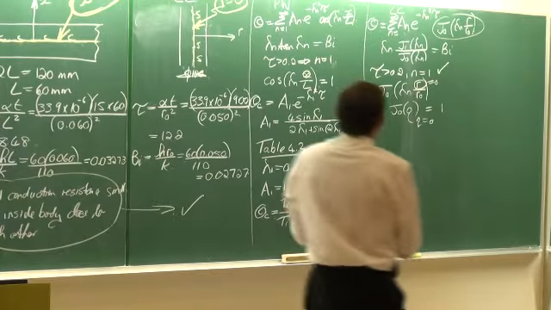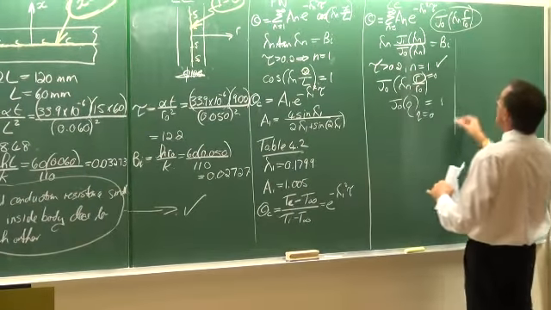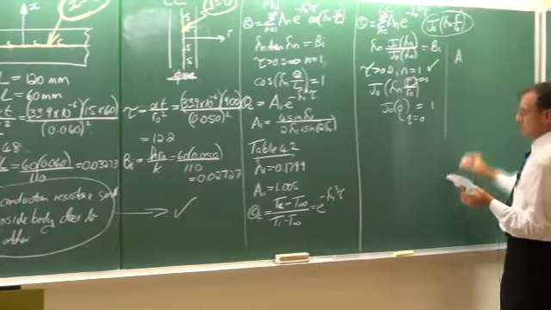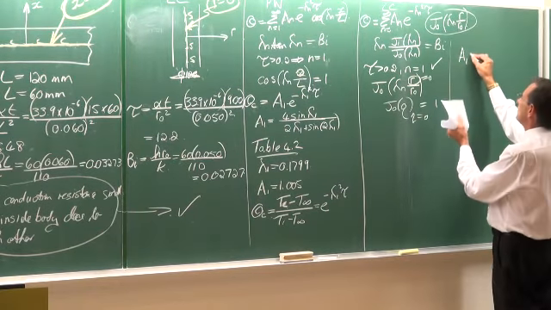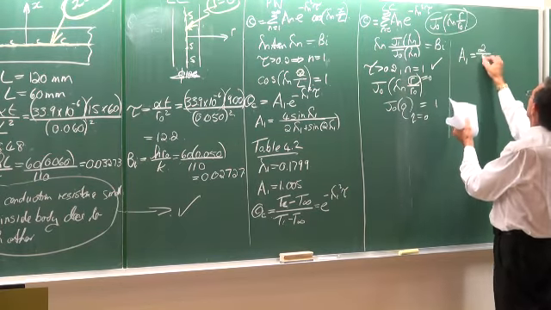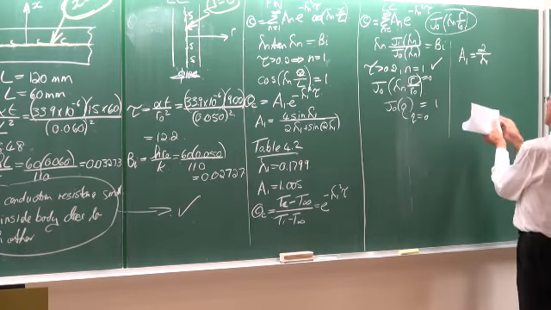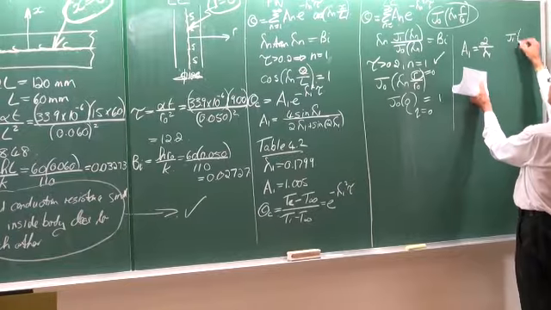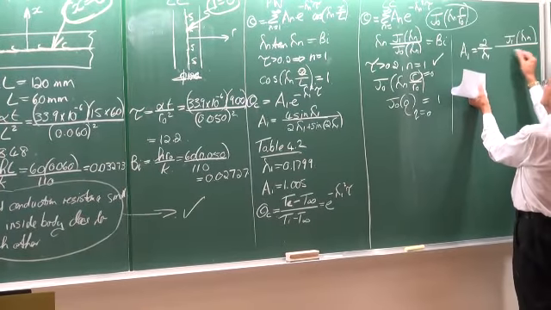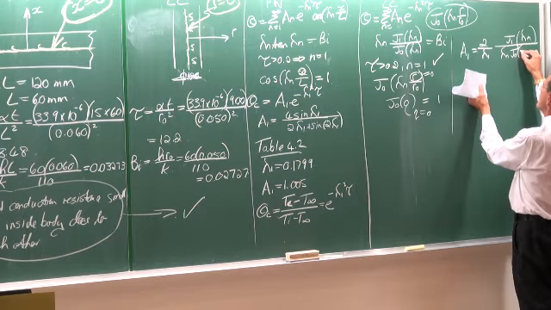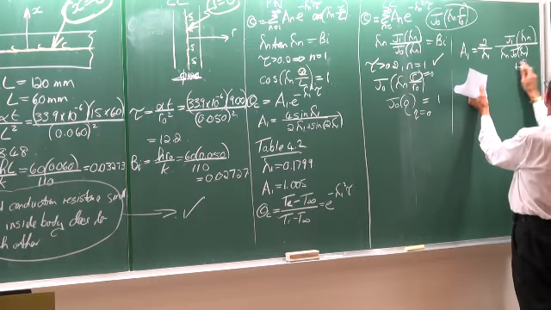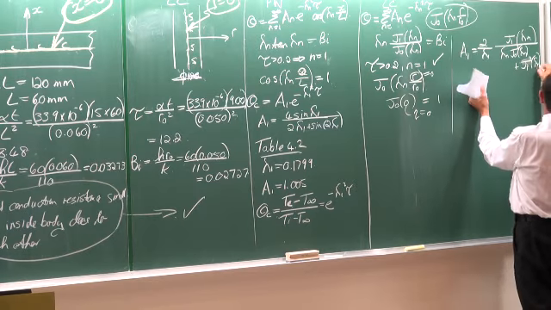And the A that needs to be solved looks a little bit more complicated. 2 times J1 of lambda n, divided by lambda n multiplied by J0 square lambda n plus J1 square multiplied by lambda n.